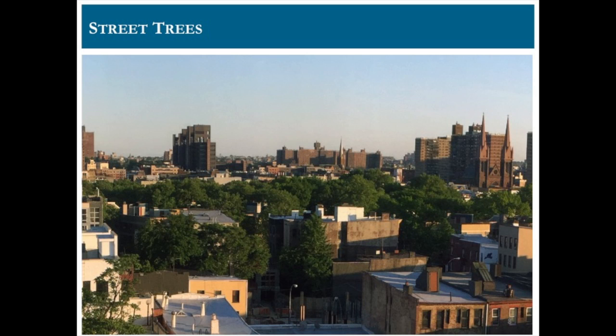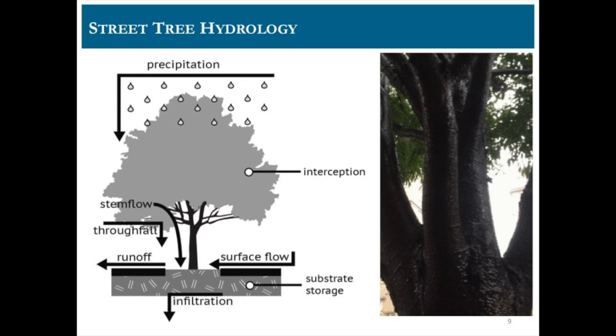So right now, street trees in New York occupy 6% of the land cover, so they're by far the most commonplace distributed type of vegetation. And just quickly looking at the hydrology, the canopies are able to capture water and channel it down to the base, and then you often have this small surface of soil which is incapable of conveying that water underground.